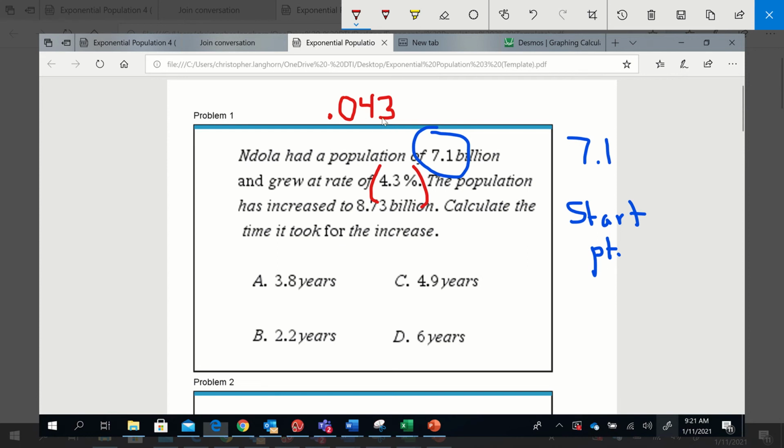If I multiply this number by the 7.1, it won't work. So we need something that's greater than 7.1.